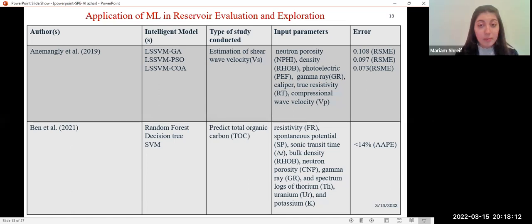Also, machine learning can be applied to improve the reservoir evaluation and in the exploration phase. So we can use the least square support vector machine to estimate the shear wave velocity, and we can use the random forest, decision tree, and support vector machine to predict the total organic carbon.